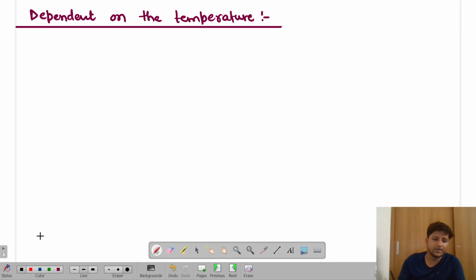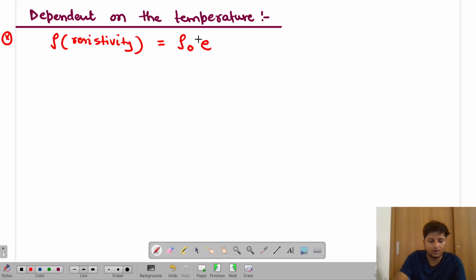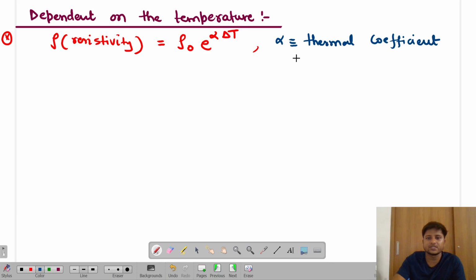So let us understand how it depends. First point, I'll give the direct formula that resistivity depends on temperature as rho is equal to rho naught e to the power of alpha delta T, where alpha is called the thermal coefficient of resistivity.